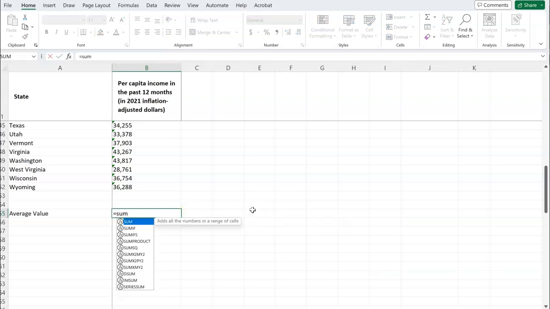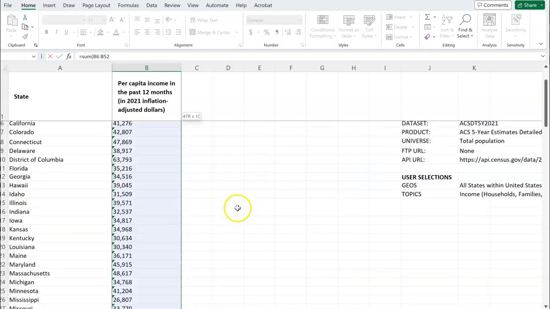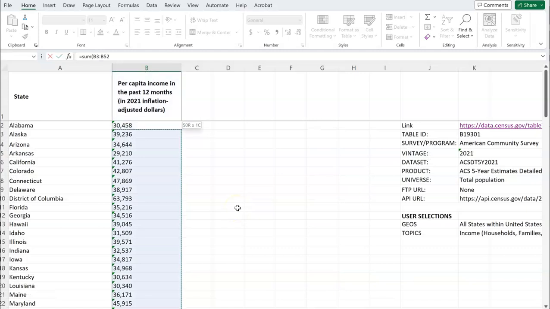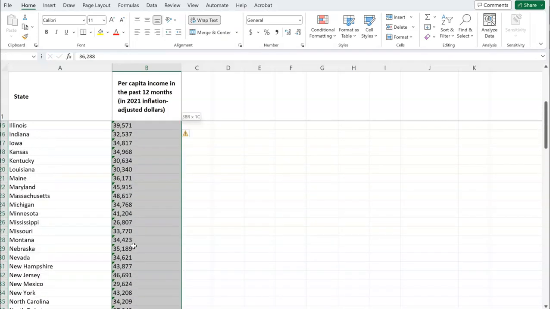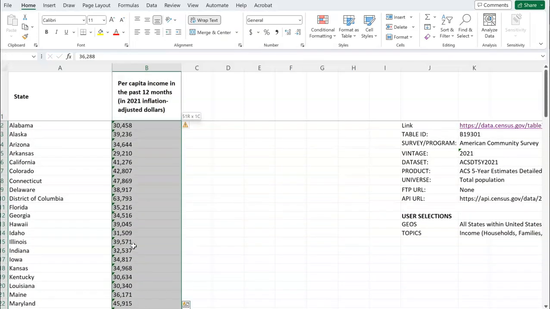So if we go back to our data, what I can do is I can add all these numbers, which is the sum of all the way up to Alabama, and I get an error message. And the reason is, well, Excel thinks that these are not numbers. If you see a small green arrow in the corner, what I need to do is convert them to numbers.